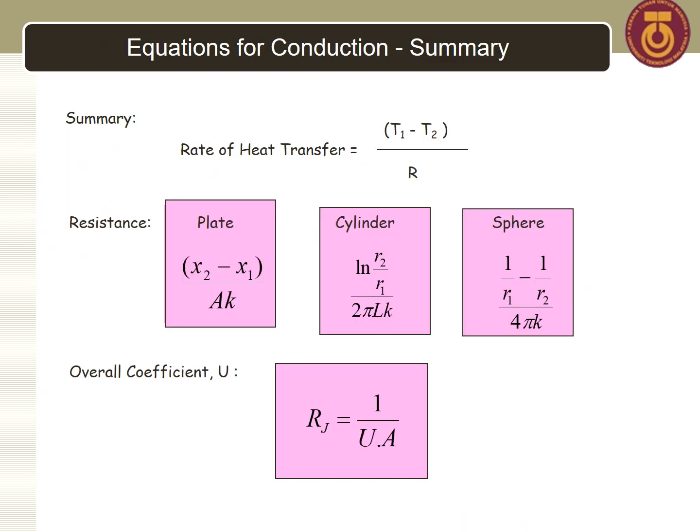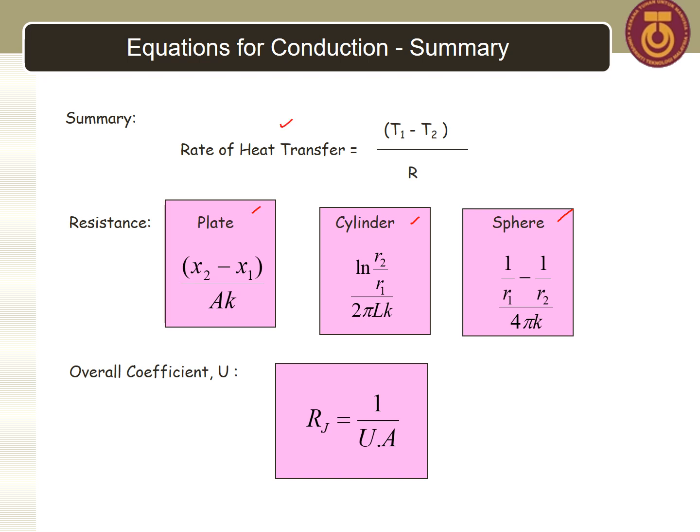Before we end our video for this session, let me give a brief summary of what we have done. So far we have derived equations for different geometrical shapes. We have done the flat plate, the cylindrical system and the spherical system, and this is the general formula of rate of heat transfer, that is temperature difference divided by resistance.